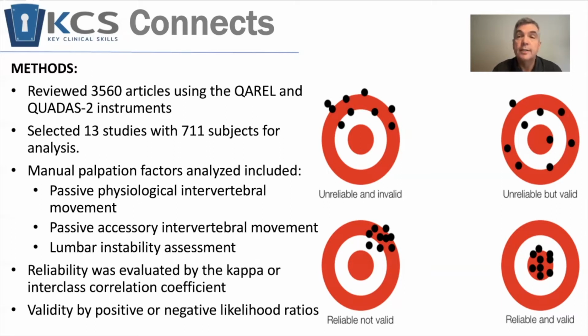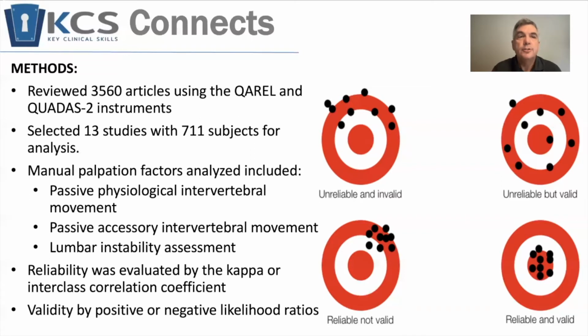To its right-hand side, where the bullets are scattered just about everywhere, it's unreliable, but it's valid. Straight below it, where the bullets are grouped in the bullseye area, it's both reliable and valid. And the last one on the left-hand side at the bottom, where they're all grouped together but outside of the bullseye, is reliable but invalid.